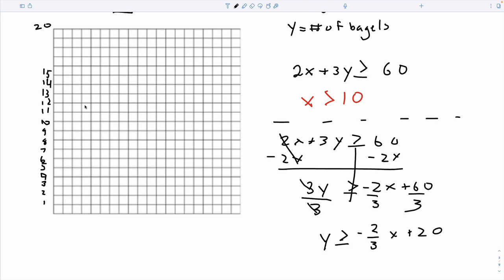The number of what? Okay, so let's label that on the left side. The y is the number of bagels. That means the x would be number of donuts. Let's count by ones.